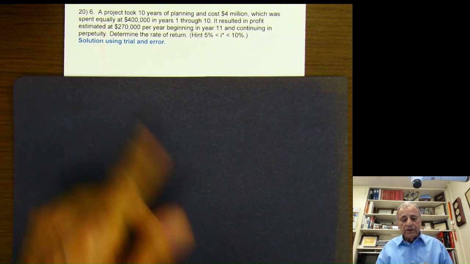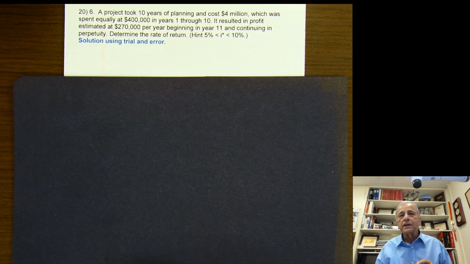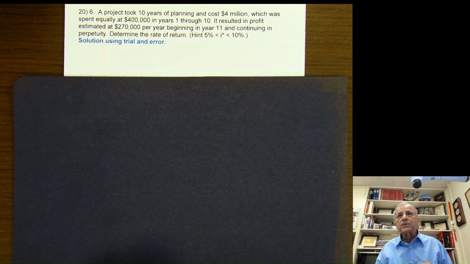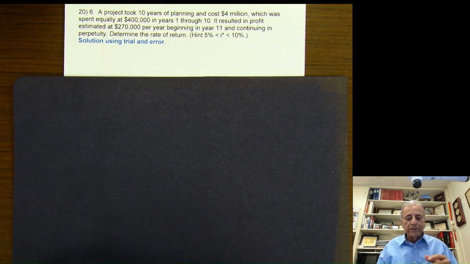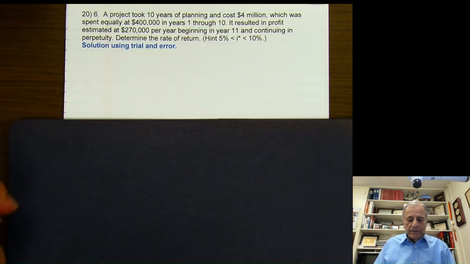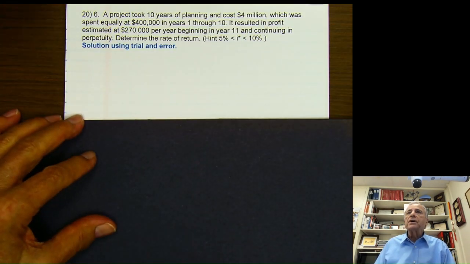I'm going to solve this one by trial and error because I think that's the more difficult, time-consuming way. But if you want to save time, certain problems can be worked by Excel. And I don't think this is one of them that can be worked by Excel. I'm not sure. Nonetheless, I'm going to solve it by trial and error.